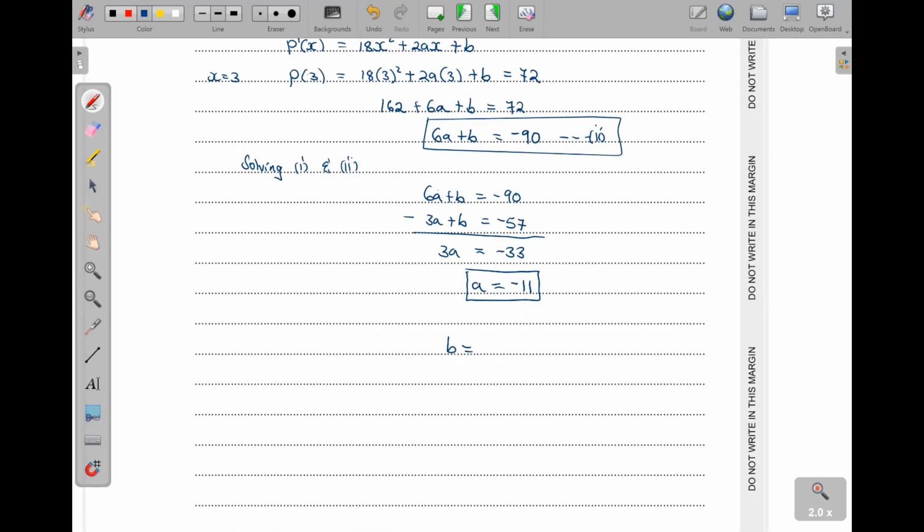Using the first, b equals negative 57 minus 3a, where a is negative 11, so negative 57 plus 33. That gives us negative 24, because 57 is the bigger number with the negative. So the answers are a equals negative 11 and b equals negative 24.